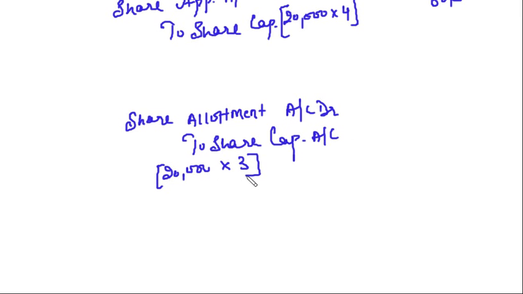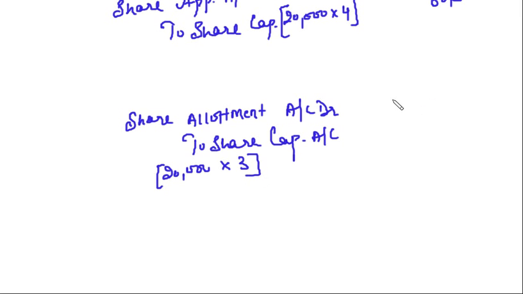Because you can call money only on 20,000 shares. That is the issued capital, and only 20,000 shares you can allot, and 20,000 you are allotting to the applicants who applied for 25,000 shares. So you can call the allotment money on 20,000 only.